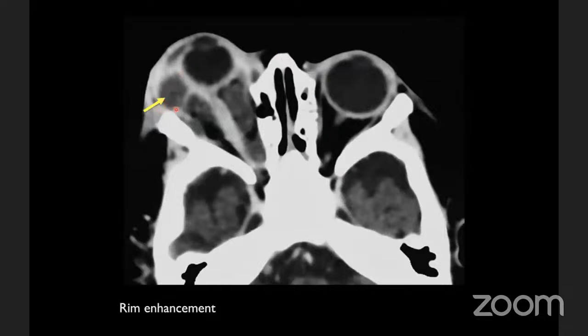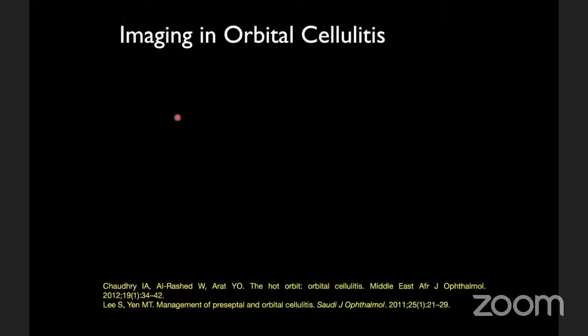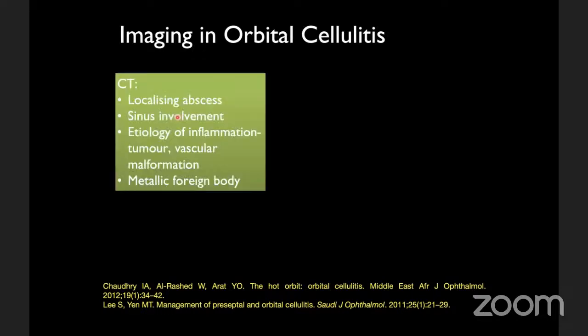In cases of an abscess, you can see a well-defined density, and there is rim enhancement. That would point to a more localized region of the abscess, and that would help us to drain it so that the orbital pressure is reduced and the inflammatory signs also reduce. Now, certain key points about imaging in orbital cellulitis.